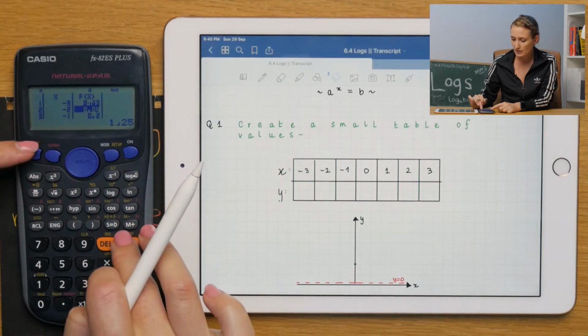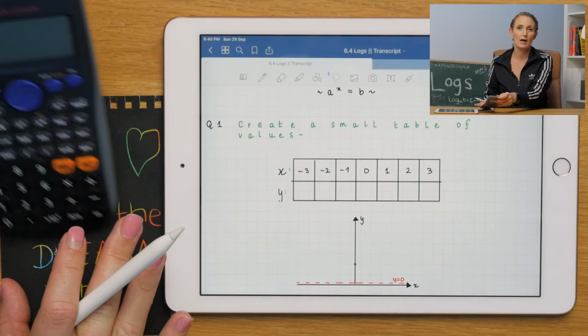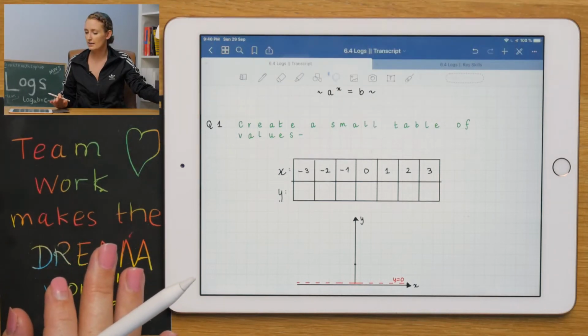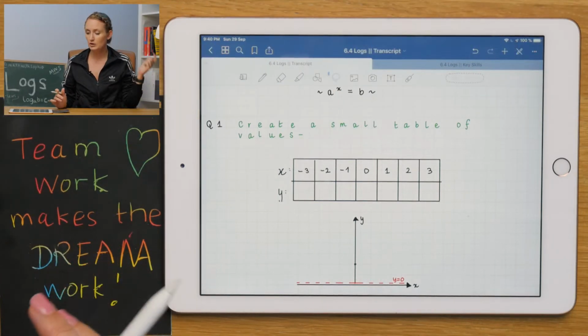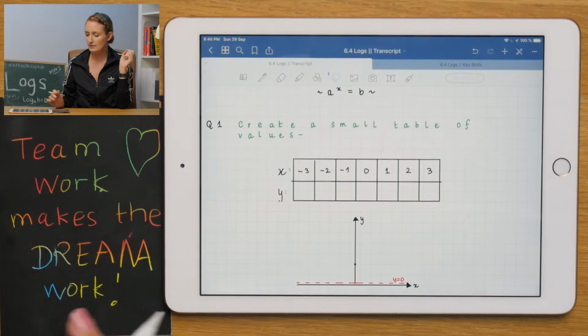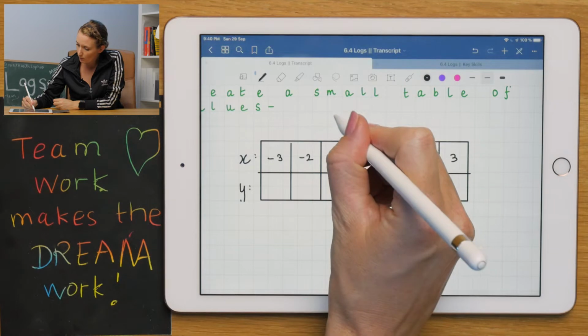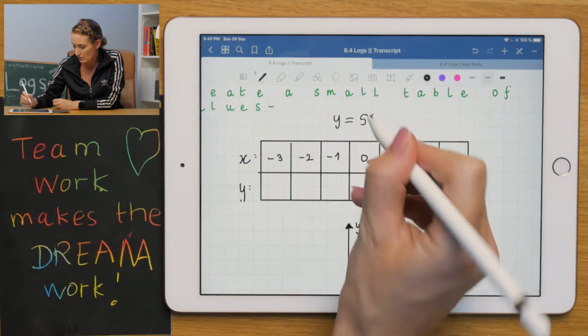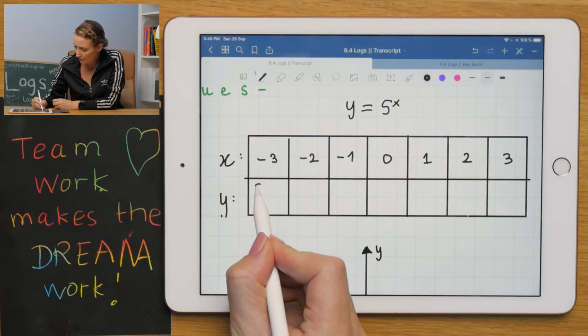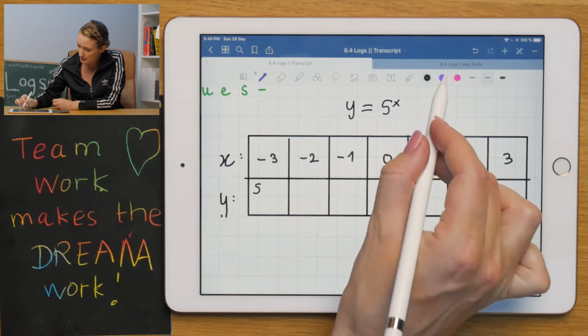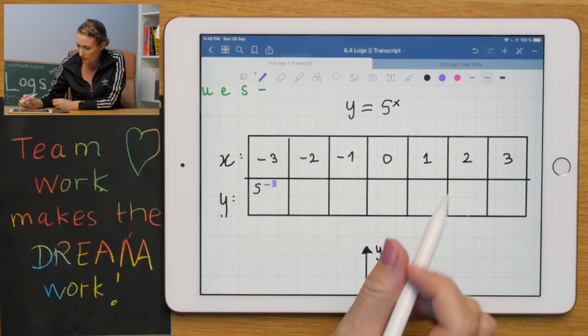I'm going to explain to you where these numbers come from and why the shape of the graph is as it is. You're going to need to know a little bit about negative indices. So say for example, our graph is y equals 5 to the x. Here we would have 5, and we've said x is -3, so 5 to the -3.